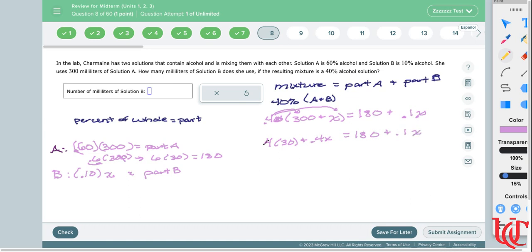All right, so I have 4 times 30, 4 times 3 is 12. All right, I want to get the x's together. I always move the one with the smaller coefficient first. So we are going to subtract the 0.1x.